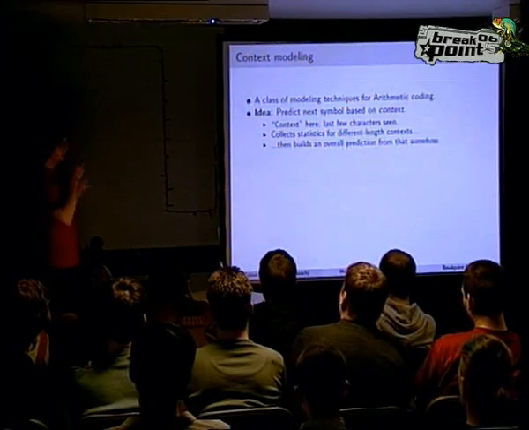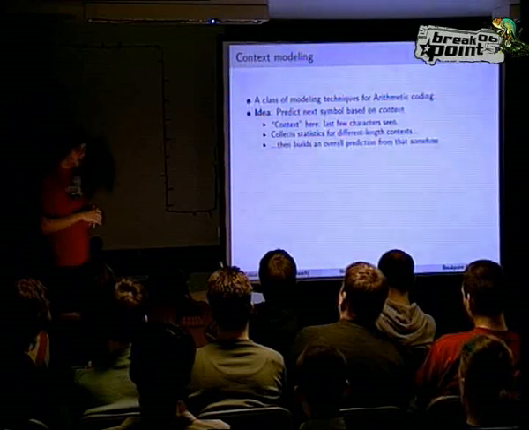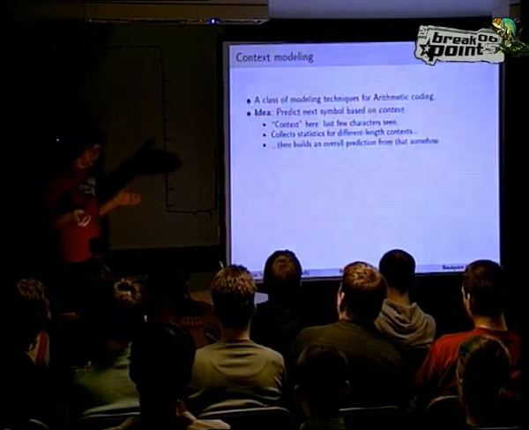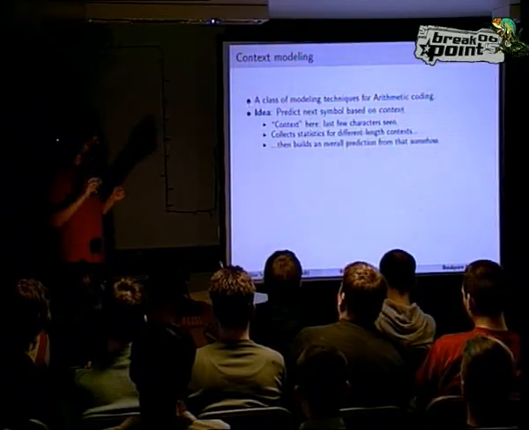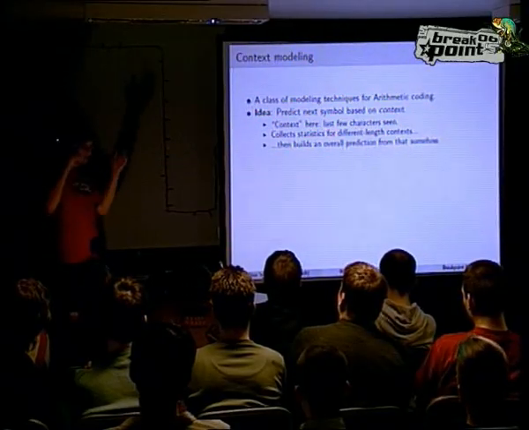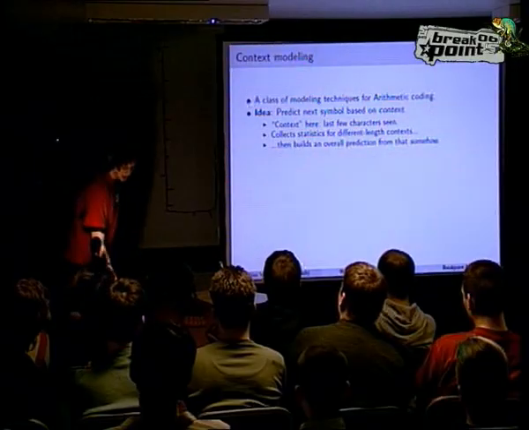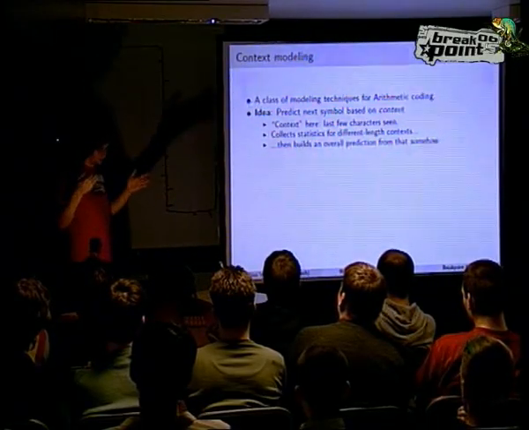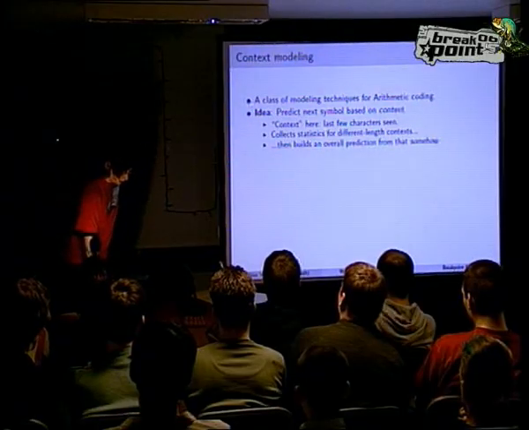And then you collect statistics, how likely each character is going to happen in that context, and then build an overall prediction from that somehow. You usually have several contexts of several lengths and so on for a single character, and you have to mix that to get a good estimate of what character is likely to appear next.